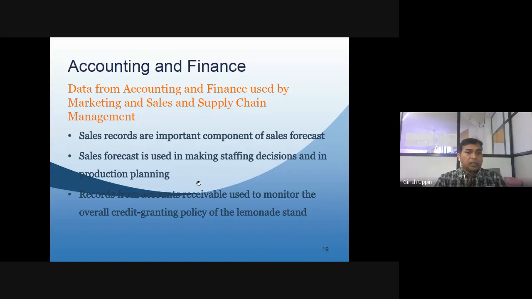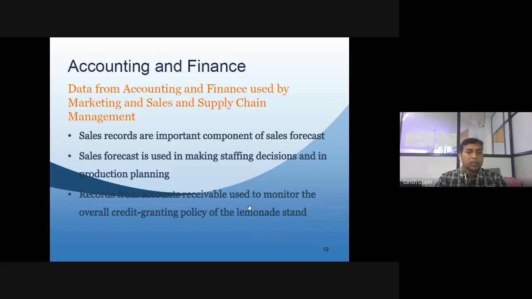And the sales forecast is used in making staffing decisions and in production planning. Once you have the sales forecast, staffing decisions can be made. If they want to hire more people, they can do so based on the forecast. And how the production planning should happen also depends on the forecast.